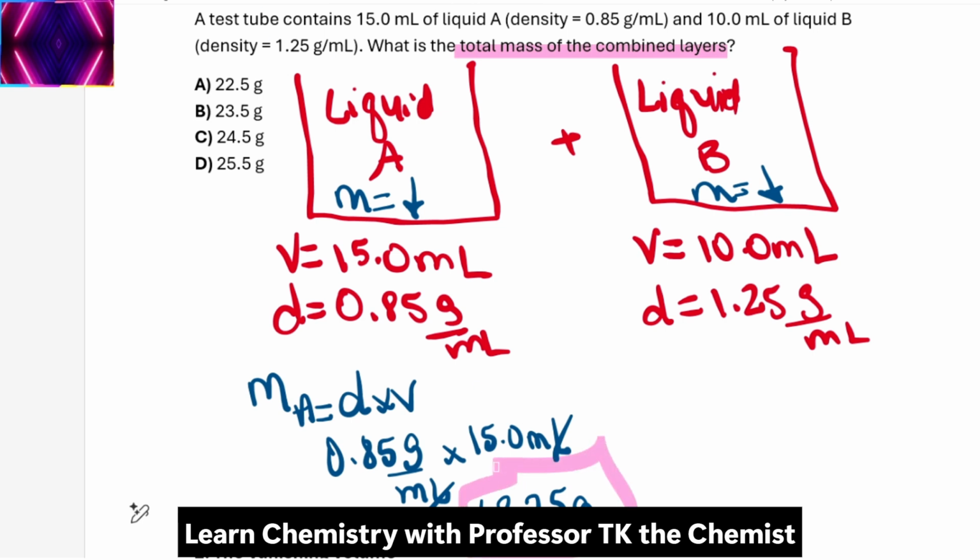of liquid A. Now for liquid B, same thing. Density is 1.25 grams per milliliter times 10.0 milliliters, okay? Get rid of your milliliters.